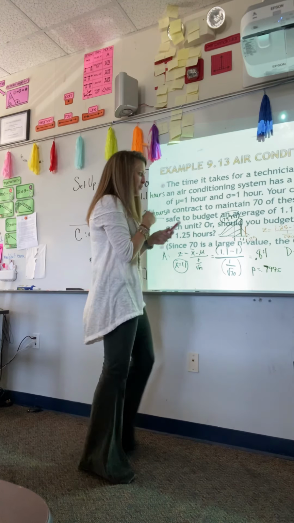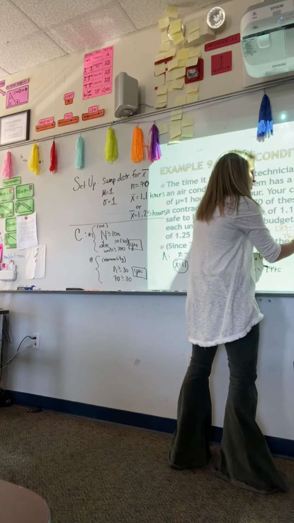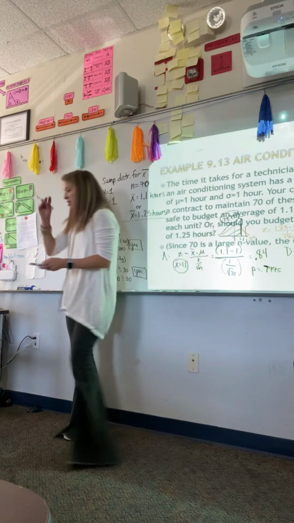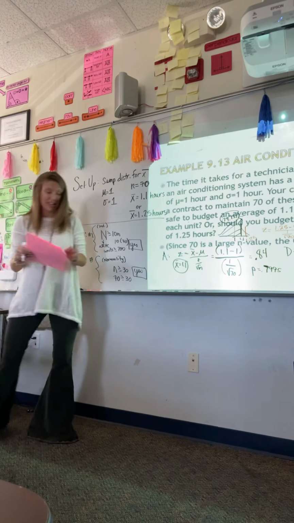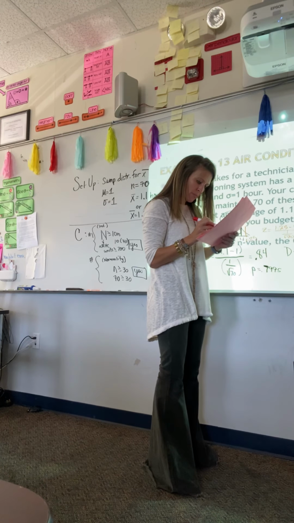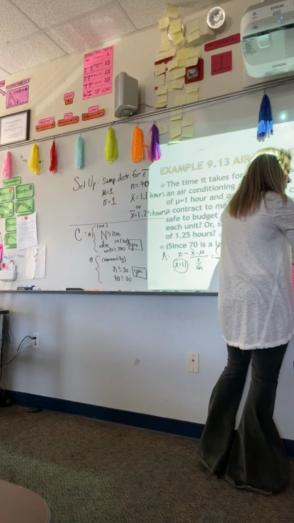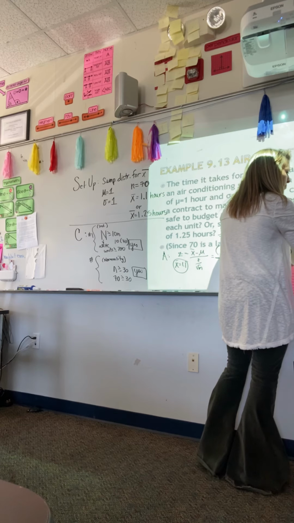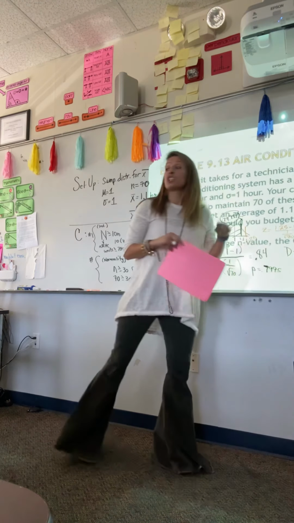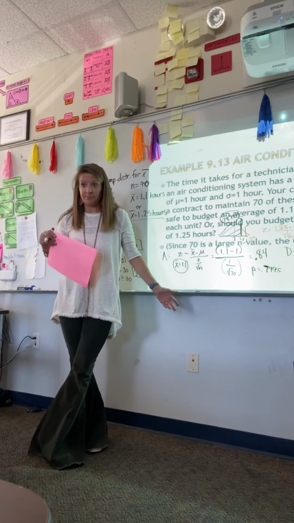All right, what did you get for the z-score for this one? 2.09? Okay. Now look up 2.09, 2 standard deviations away. 0.9817? All right, so if you budgeted an hour and 15 minutes, right?